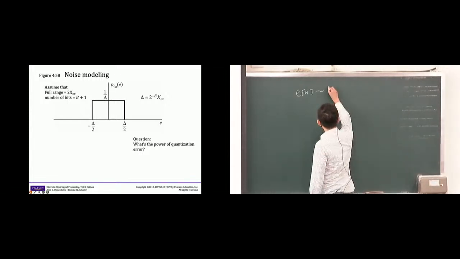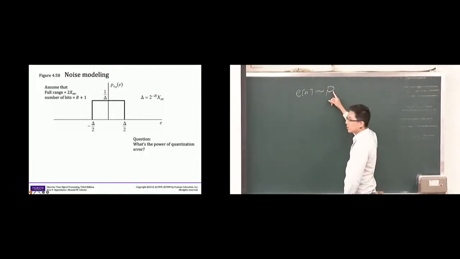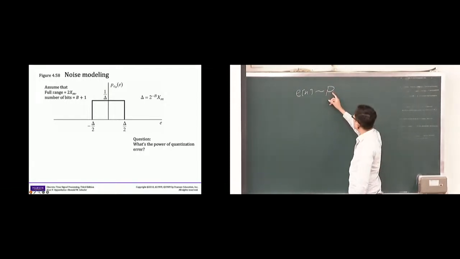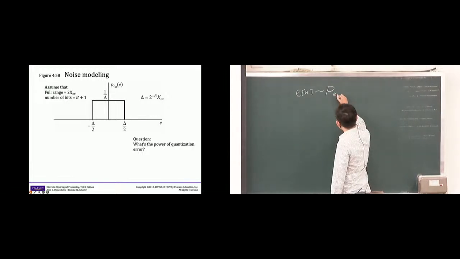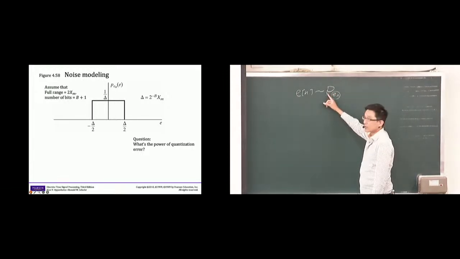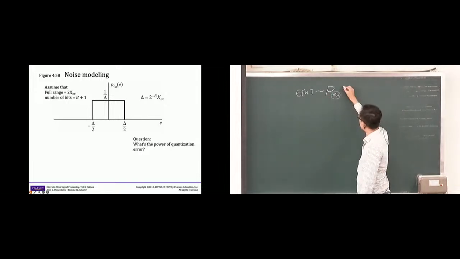The probability density function is denoted as lowercase p, with subscript e[n] emphasizing that it is the distribution of that random variable. That distribution is a function, and this e here is just a dummy variable; you can say it's x, it doesn't really matter.